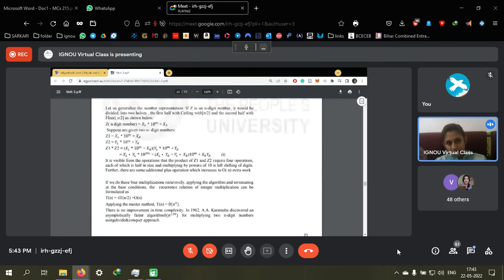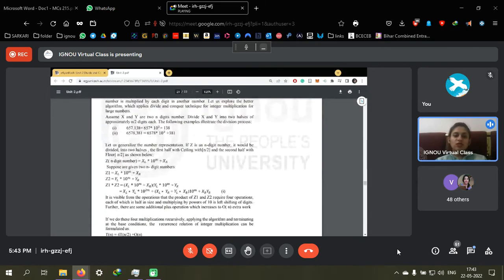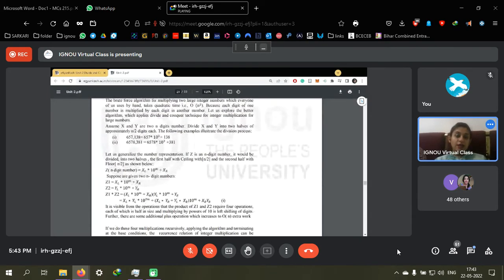It is a very difficult task to multiply both the integers, right? So what we have to do is, I can write any integer in two parts.